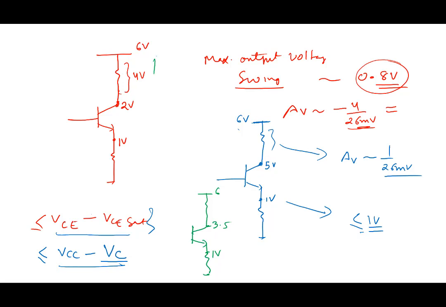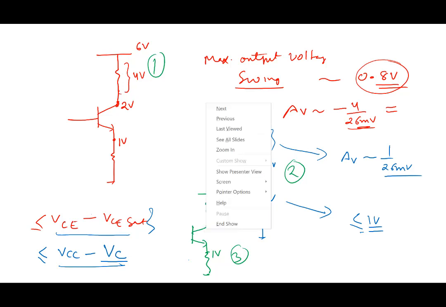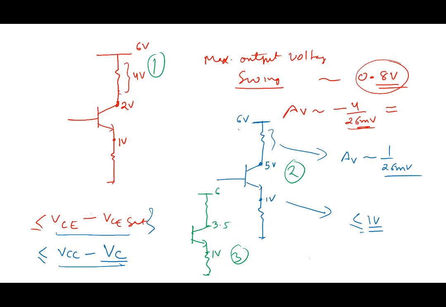This is design number 1, design number 2, design number 3. So this person decides supply voltage is 6, says I will set this as 3.5, this is 1 volt. Now what will the swing be decided by? 3.5 minus 1, 2.5 minus 0.2, about 2.2 volt, right?